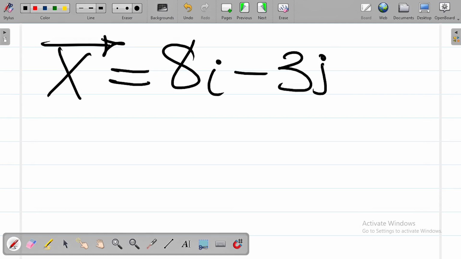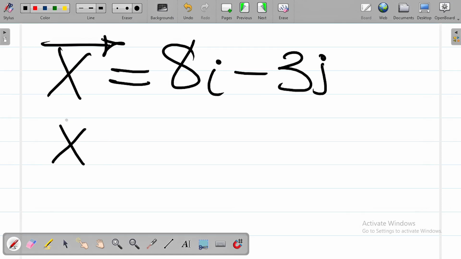All right, so let's take another example. If vector x is equal to 8i minus 3j, and we are asked to find the magnitude of vector x, how do we go about it?